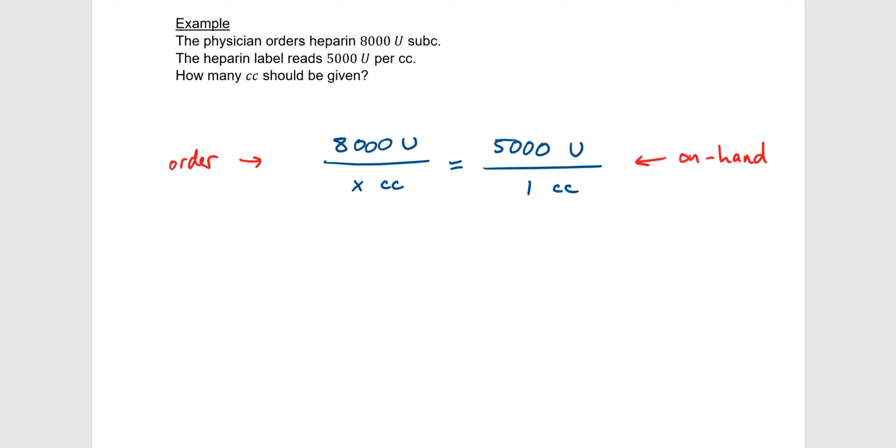Okay, so once we have this set up, we double check the units. The units are the same. We have U divided by cc on both sides. So we can just go ahead and solve for X here, cross multiply. And I'll skip the steps for cross multiplying once again. We end up getting X is 1.6 cubic centimeters.